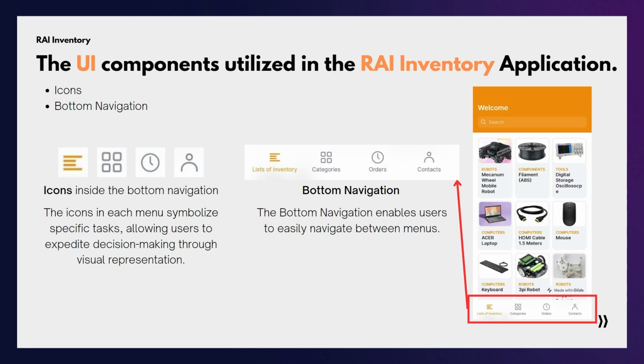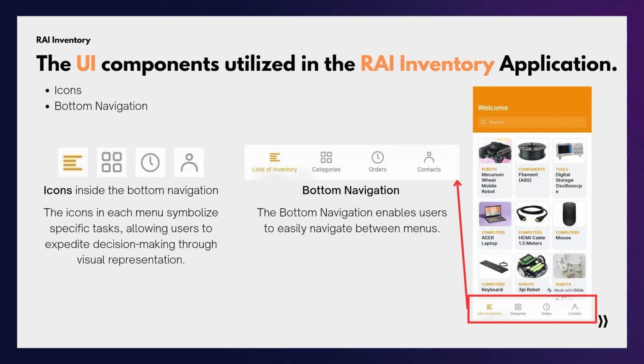this is the main menu of our application, so users can easily switch between each menu. The button navigation enables users to easily navigate to different menus. And each button has an icon. Actually, there are more icons than this, but these are 4 icons that we would like to present to you.